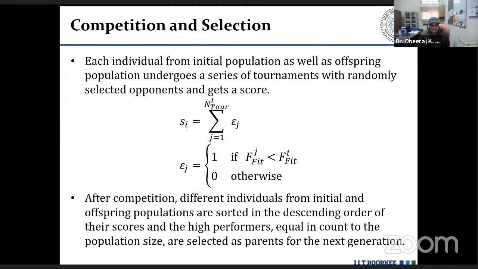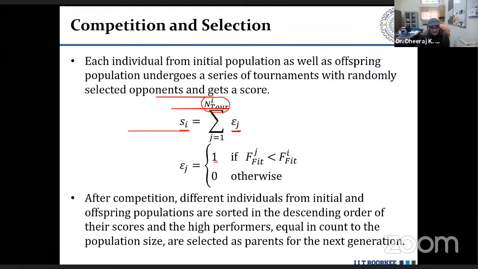And on the basis of performance in the tournament, any ith individual will be assigned a score, S_i. That is the number of tournaments it has played, and this is the score of individual tournament, which is computed by this.